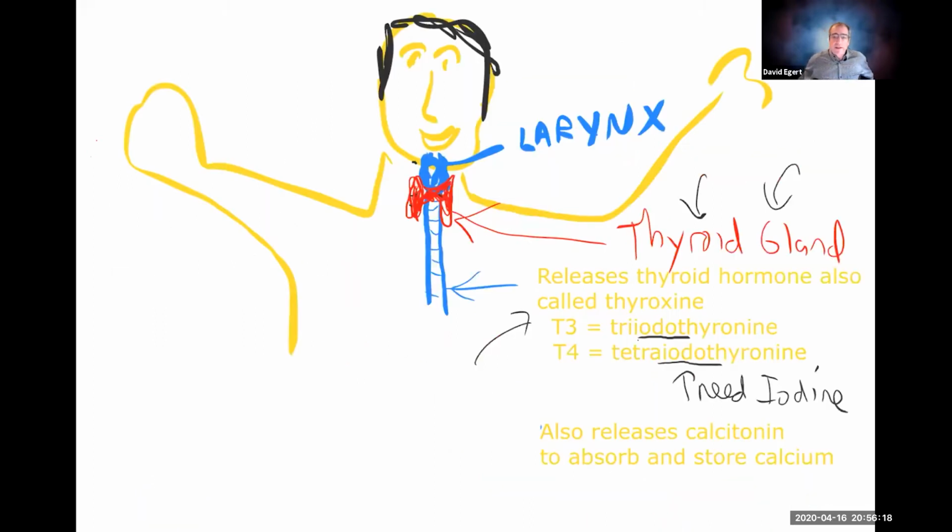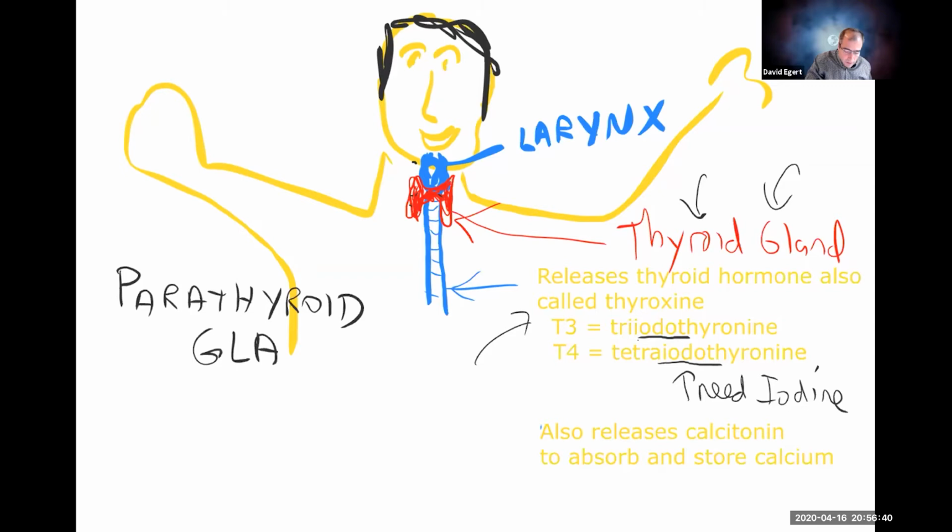So, sitting in little islands on top of the thyroid gland is another gland called the parathyroid gland. It's on the back of the thyroid, but I'm going to draw it on the front because otherwise I can't draw it.